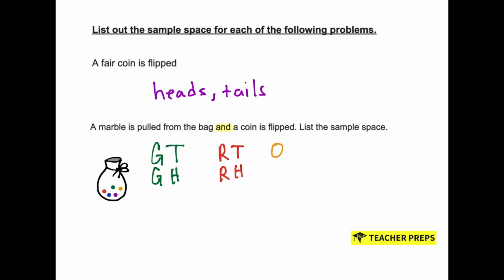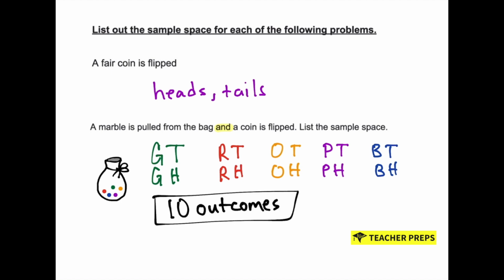Next, we could pull an orange marble from the bag and get tails, and an orange marble and get heads. We could draw purple and get tails, and purple and get heads. And finally, we can get blue and get tails, and get blue and get heads. So how many outcomes were there? There were 10 possible outcomes.